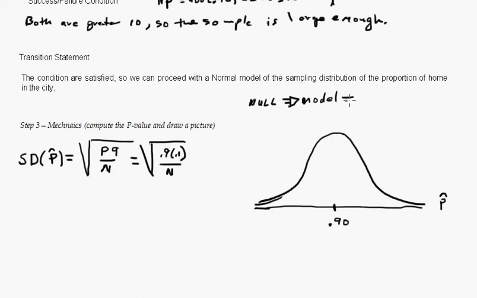So I want you to see that this implies that the standard deviation of the model is the square root of pq over n, using the hypothesized values.